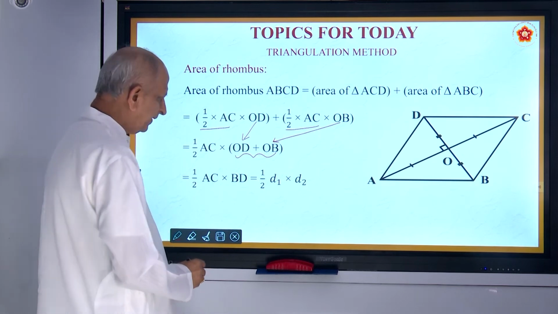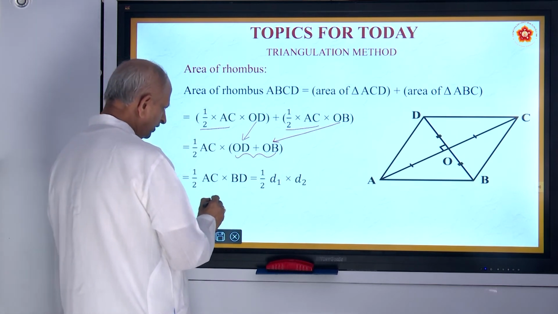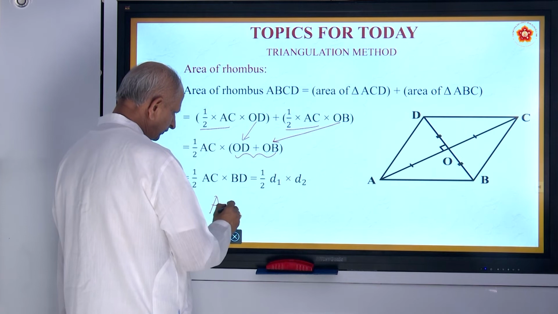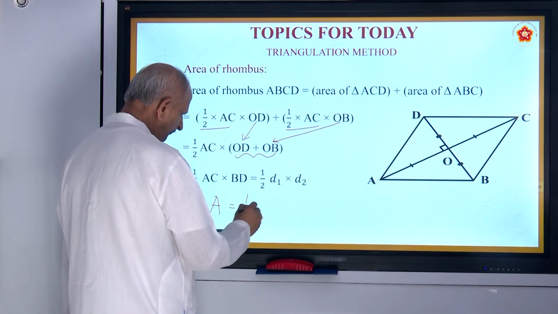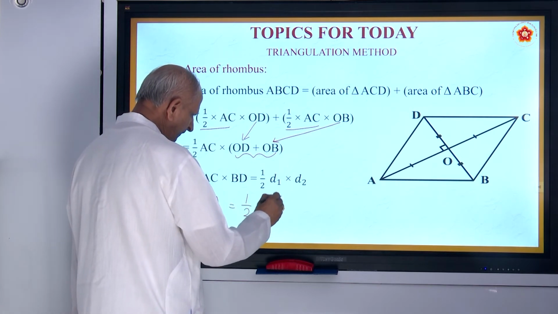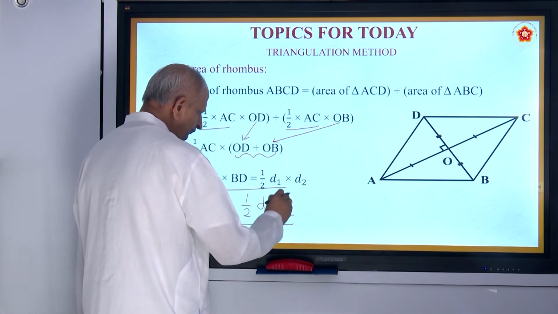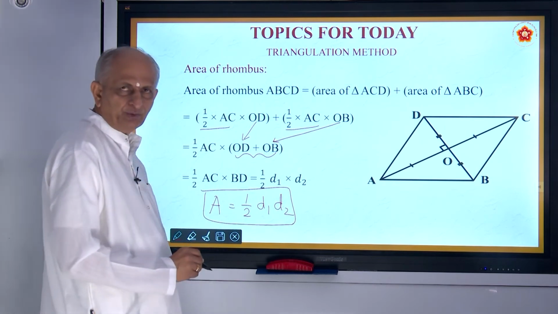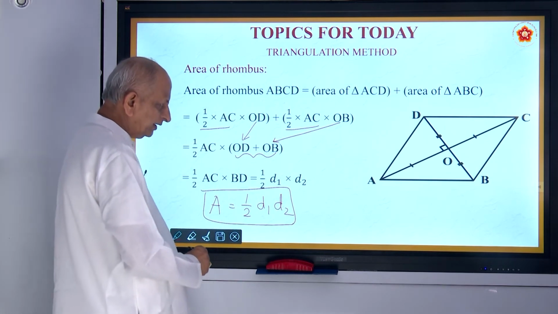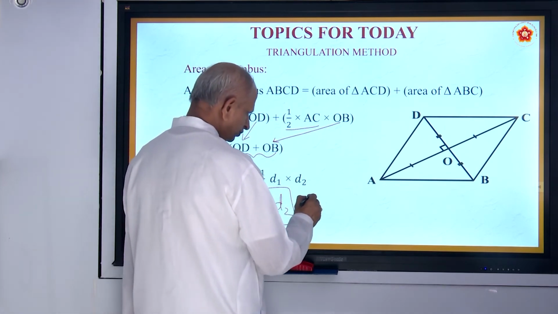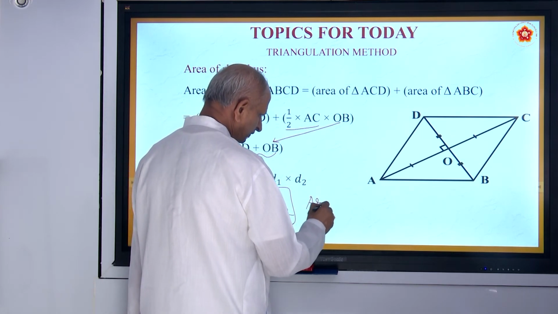So area of rhombus, suppose you call it A, is equal to half of D1 D2. Very simple, very easy to remember. What are D1 D2? They are diagonals. So you can write in words if you want.